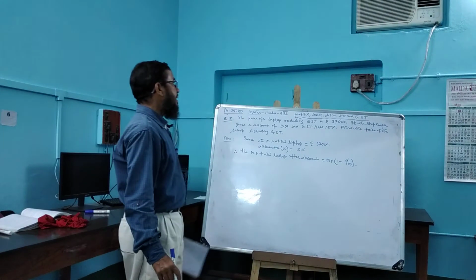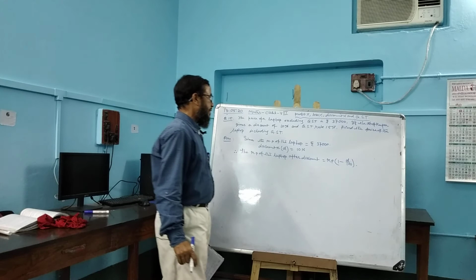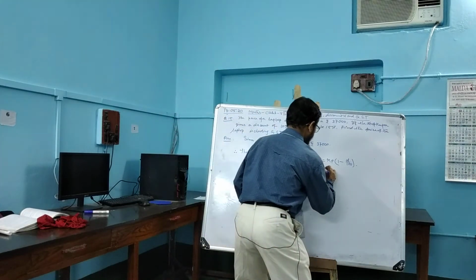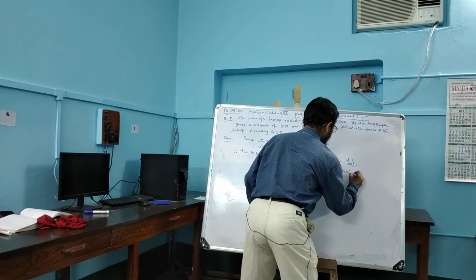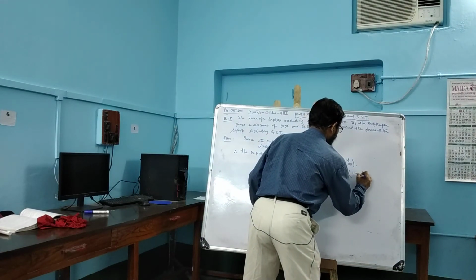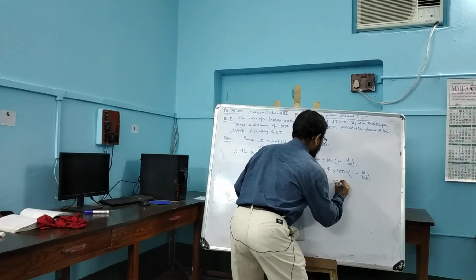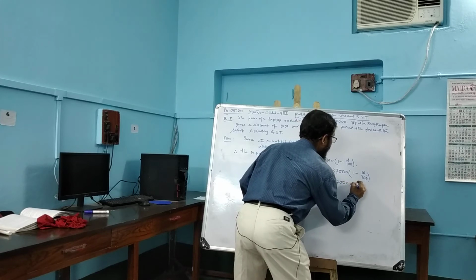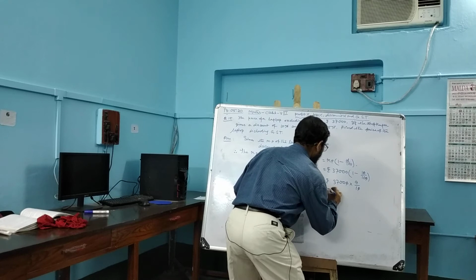Using this formula, easily we can calculate the mark price of the laptop after discount. This is equal to rupees 37,000 into 1 minus 10 by 100. That's equal to rupees 37,000 into 9 by 10.